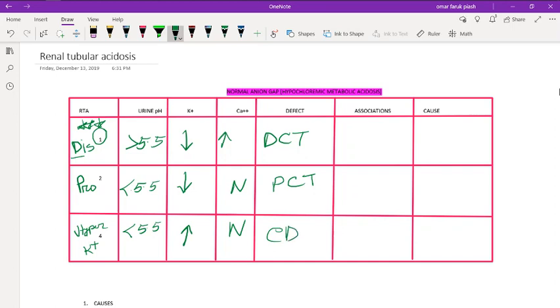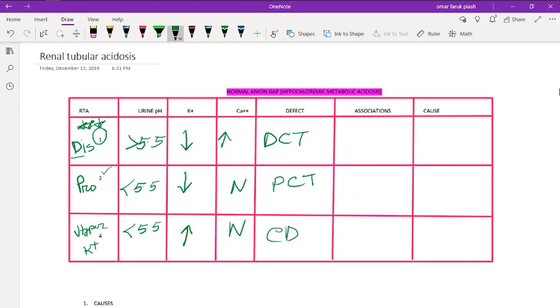What happens here? In distal renal tubular acidosis, there is inability of the alpha intercalated cell to secrete hydrogen, so no new bicarbonate is generated, so there is metabolic acidosis. In proximal renal tubular acidosis, the defect happens in the PCT, no bicarbonate reabsorption occurs, so there is increased excretion of bicarbonate in the urine, and that's why there is metabolic acidosis.